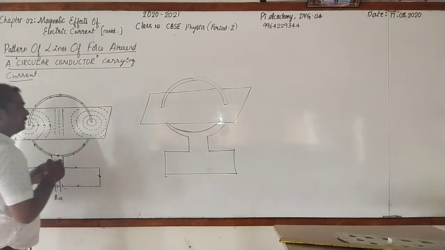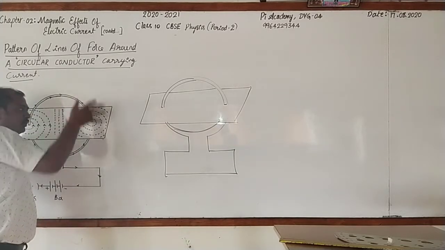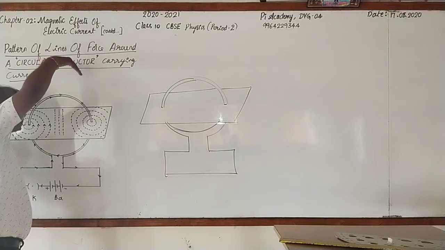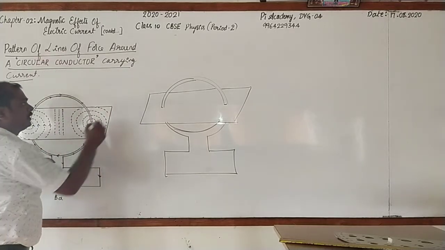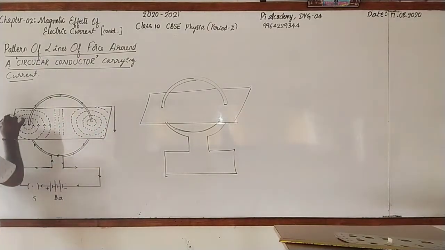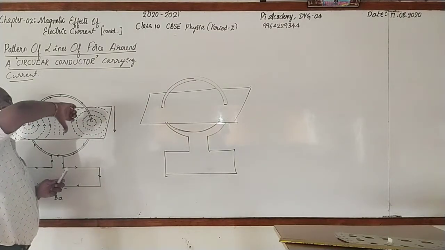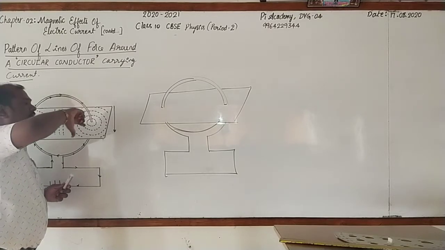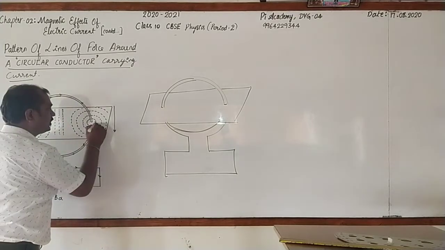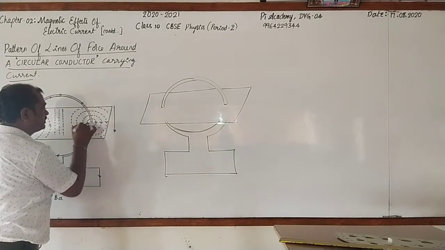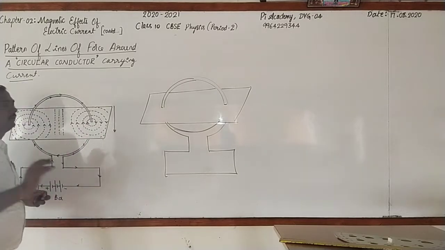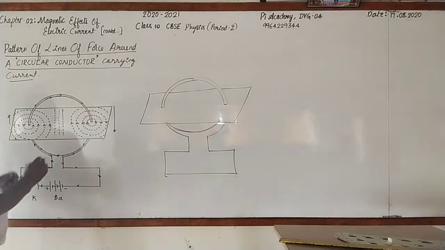Clear? Similarly, when you come to the right side, the direction of current is downward, right? Here upward and here downward. If the current is flowing downward, then the direction of field lines will be clockwise. This clockwise direction can be shown in this way. Understood? Yes. What about here?